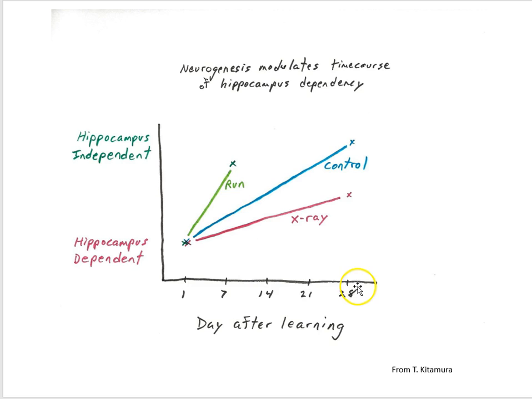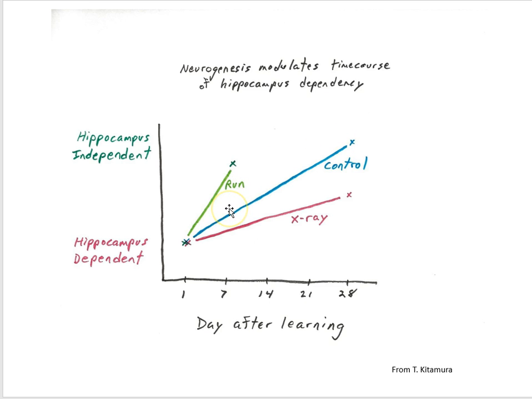Here we have days after learning, and here we have hippocampus dependent memory and hippocampus independent memory. The blue line would be control animals. When an animal learns some task or learns to associate a tone with a shock or a context with a shock, one day after learning, that memory is hippocampus dependent, which means that the hippocampus is required for retrieval of the memory. 28 days later, consolidation has rendered the memory trace hippocampus independent. The animal no longer needs the hippocampus in order to retrieve the memory.